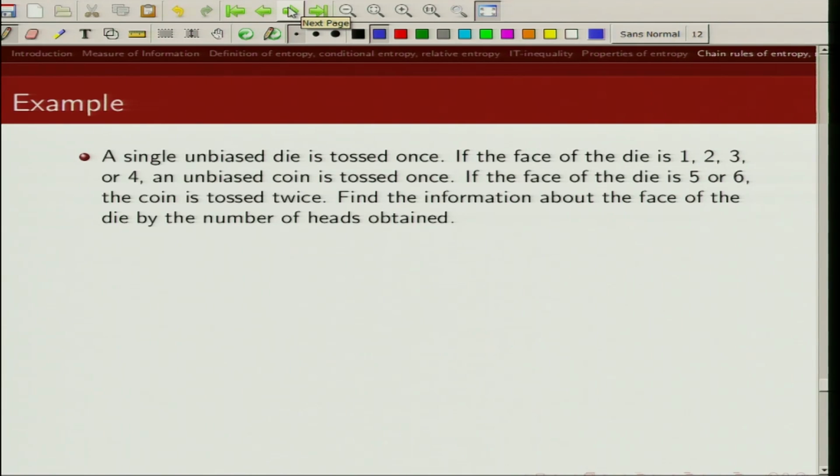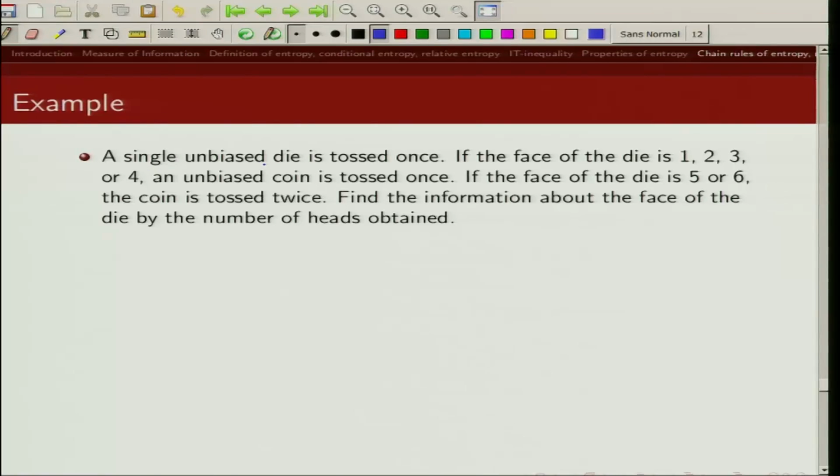Now we'll just conclude with one example to illustrate how to compute mutual information. You have a single unbiased dice which is tossed. This dice has numbers from 1 to 6. What is an unbiased coin?